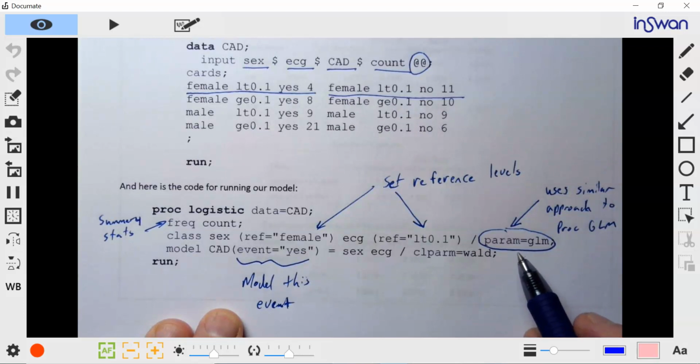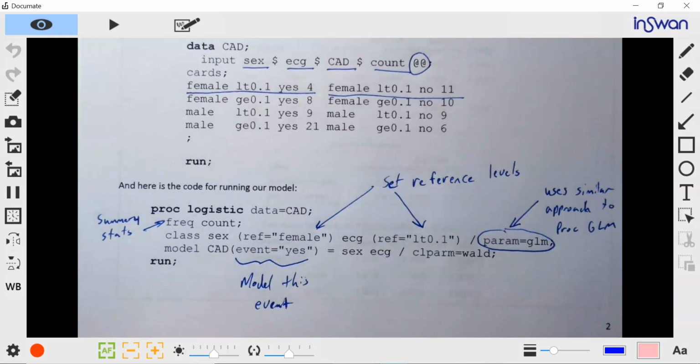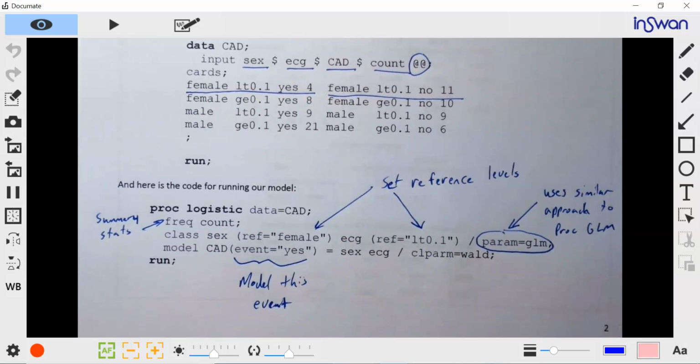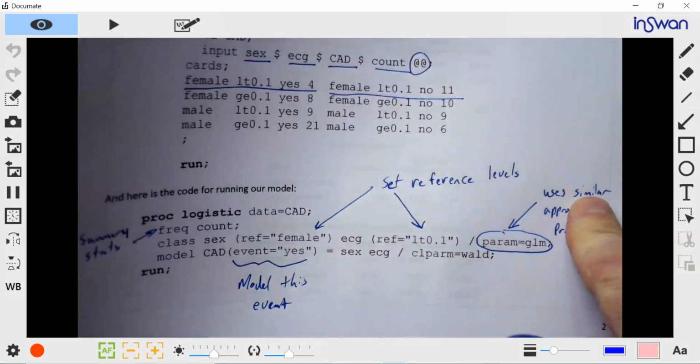And I'm not going to explain here why you get weird results. It uses a completely different parameterization rather than 0, 1. It uses -1, 1, which is completely antiquated and nobody really uses that anymore. So then I'm going to model events equals yes, and I'm going to have sex and ECG in my model, and I'll talk about the confidence levels later.